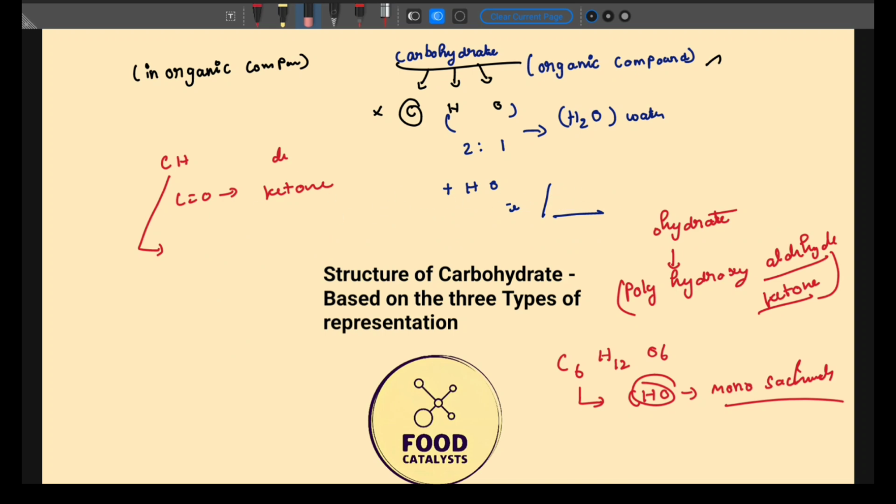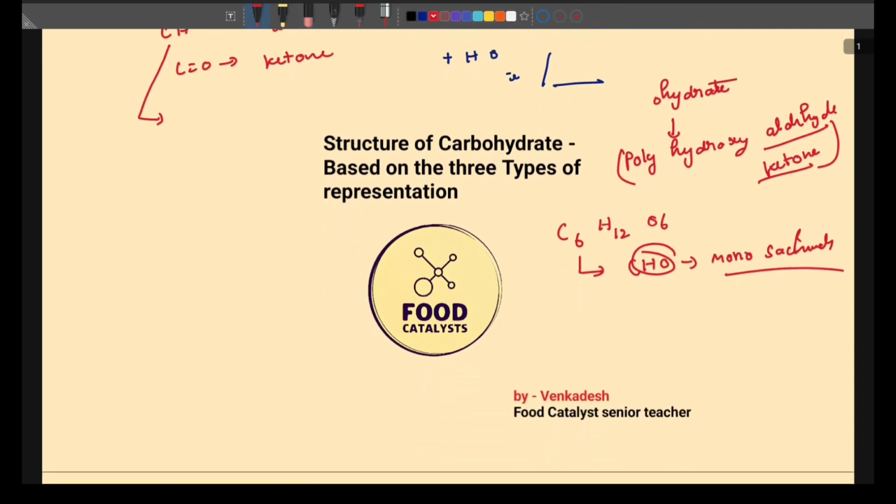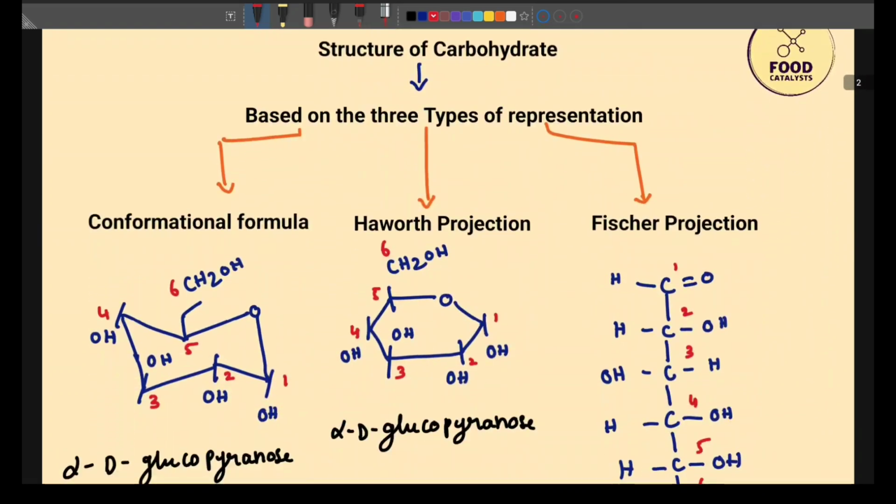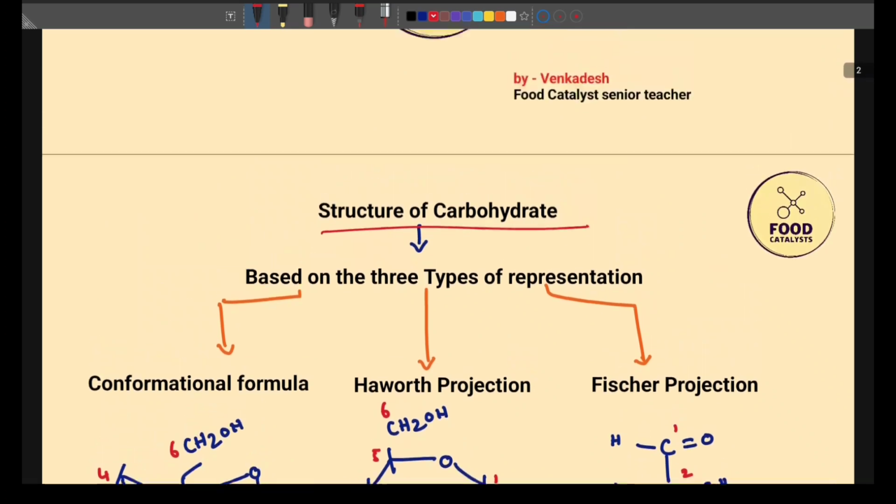We can divide carbohydrates by functional group, as I told you, into aldehyde sugar or ketone sugar, and we can divide them by number of carbon atoms: three carbons is triose, then tetrose, pentose, hexose, and so on. But here we are going to look at the representation of carbohydrate, which is based on three types.